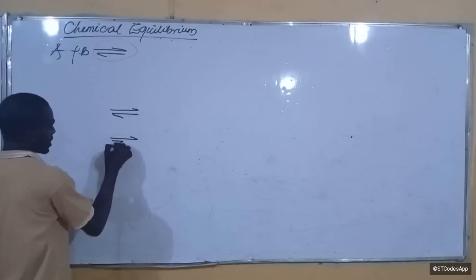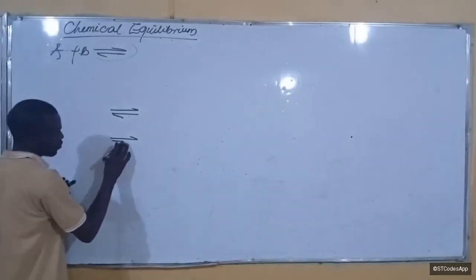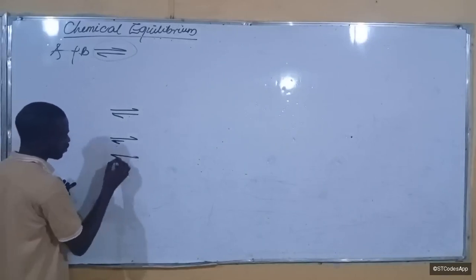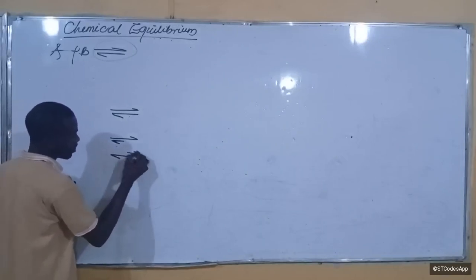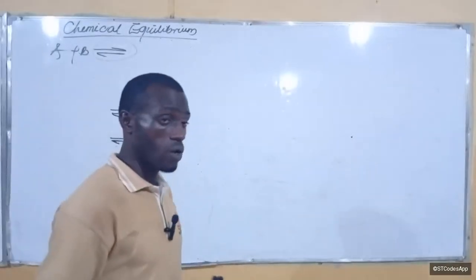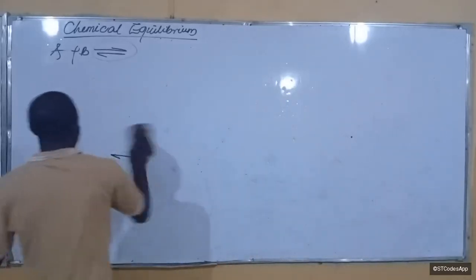This one shows you that the equilibrium favors the forward reaction more than the backward, and the one that goes like this shows that the equilibrium favors the backward reaction more than the forward reaction.